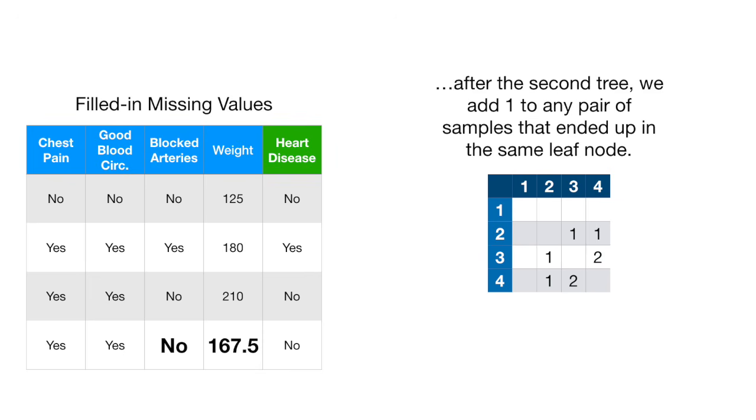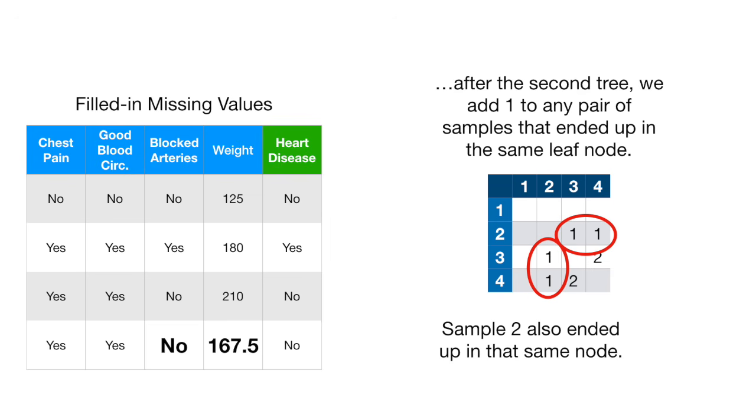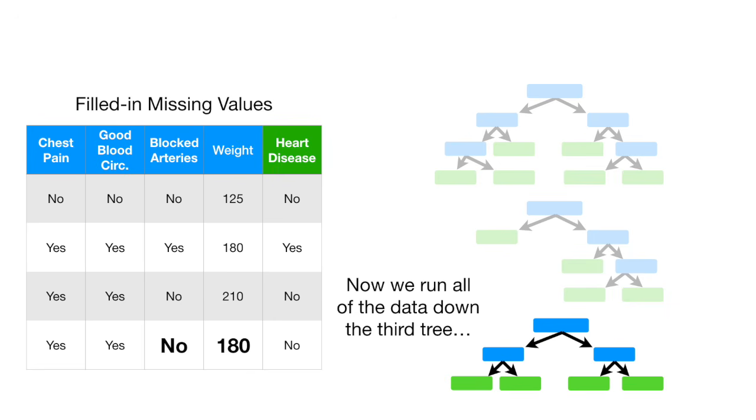And after the second tree, we add 1 to any pair of samples that ended up in the same leaf node. Samples 3 and 4 ended up in the same node together again, and sample 2 also ended up in that same node. Now we run all of the data down the third tree.